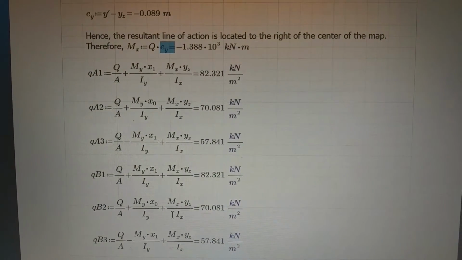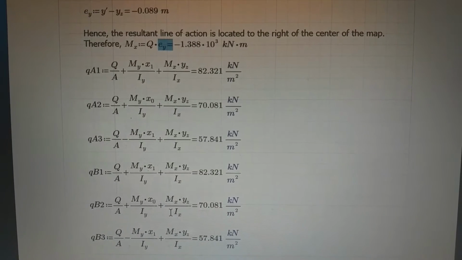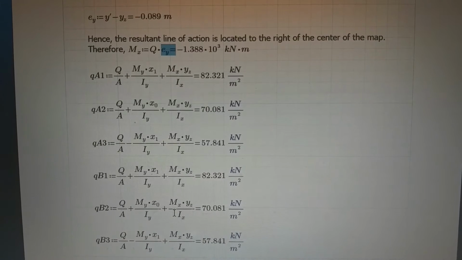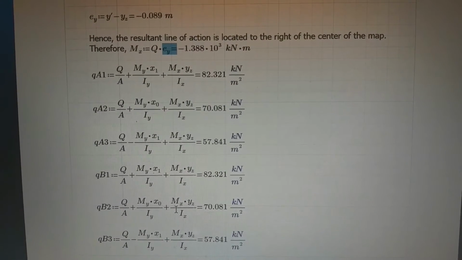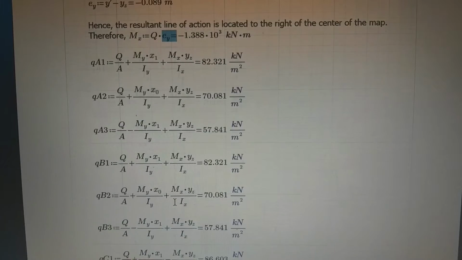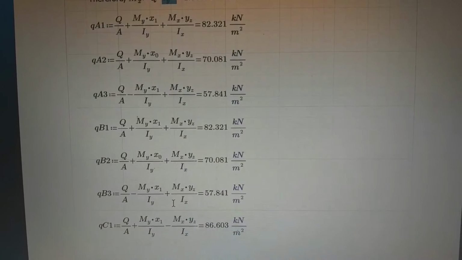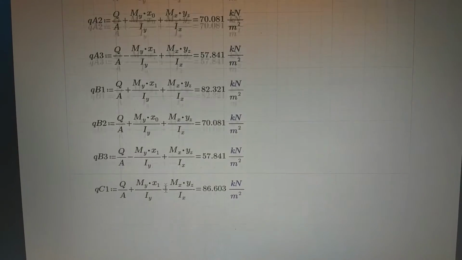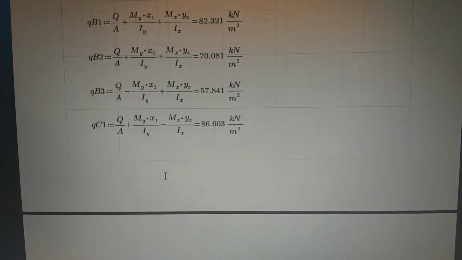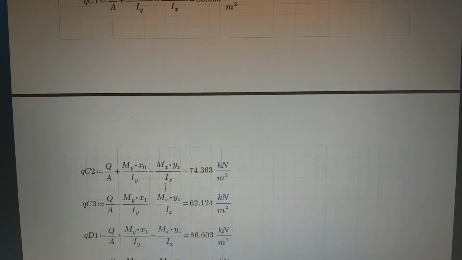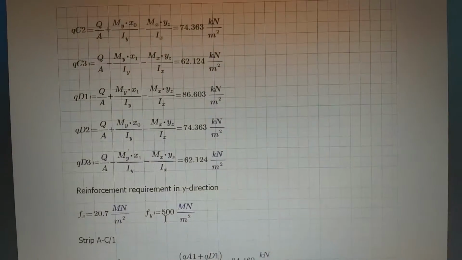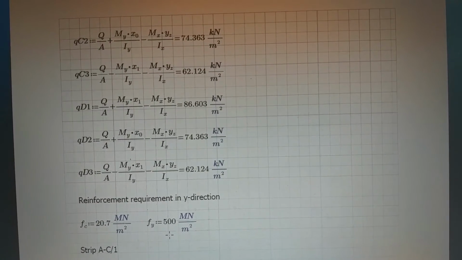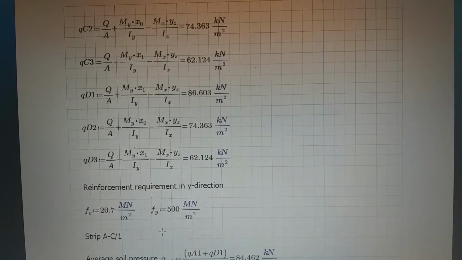For certain reasons, for example at A3, it is Q over A minus My x1 over Iy, because of the location of the column on the plan. That's why the signs vary: plus plus, minus plus, and eventually minus minus, for example at D3. So my part ends there, but it will be continued by Muhammad Faid.